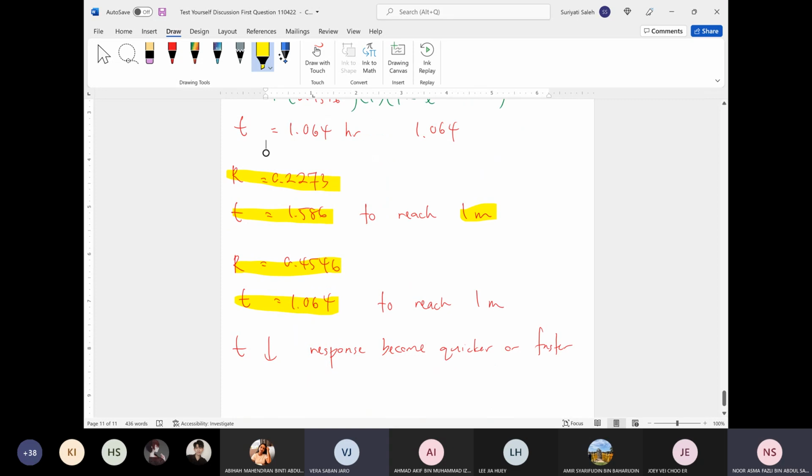Still we can come up with the conclusion: the level response becomes quicker or faster to reach 1 meter of height. It's okay, we learn from mistakes. No need to say sorry. As long as you learn something, then it's good.